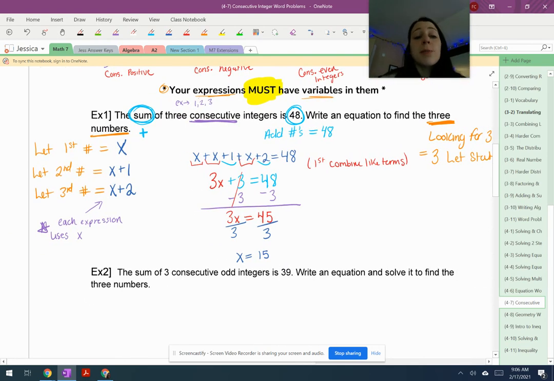Now careful, at this point we have not answered the question because we've only found one of the numbers, not all three. So if X is equal to 15, I'm going to take that fact and come back over here and plug that in. So X is equal to 15, but that means the second number would be X plus 1, which is 15 plus 1, which is 16, which makes sense because 16 is the number that comes after 15.